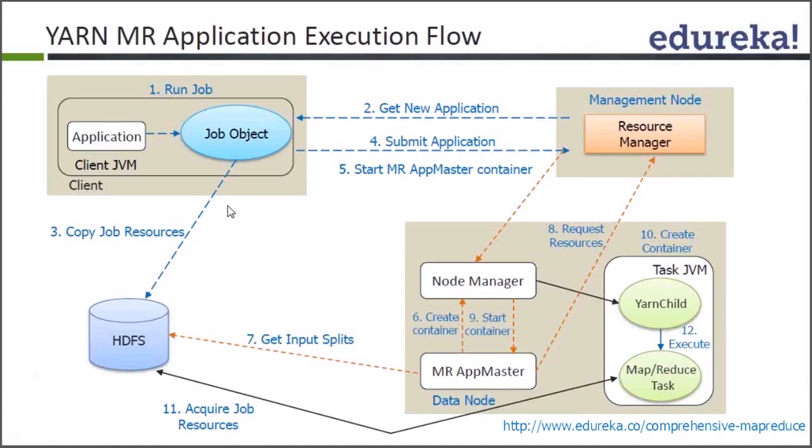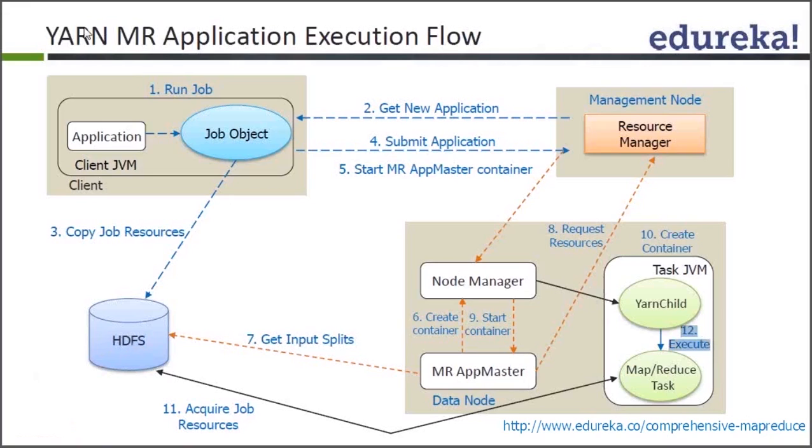Then the application master, in step number 7, will get the input splits. He will ask the resource manager in step number 8, and in step number 9, he will tell the node manager to start the container, and the node manager will start the container. That is your step number 10. In the 11th, the MapReduce task will get the resources from HDFS, and the actual execution happens in the container.